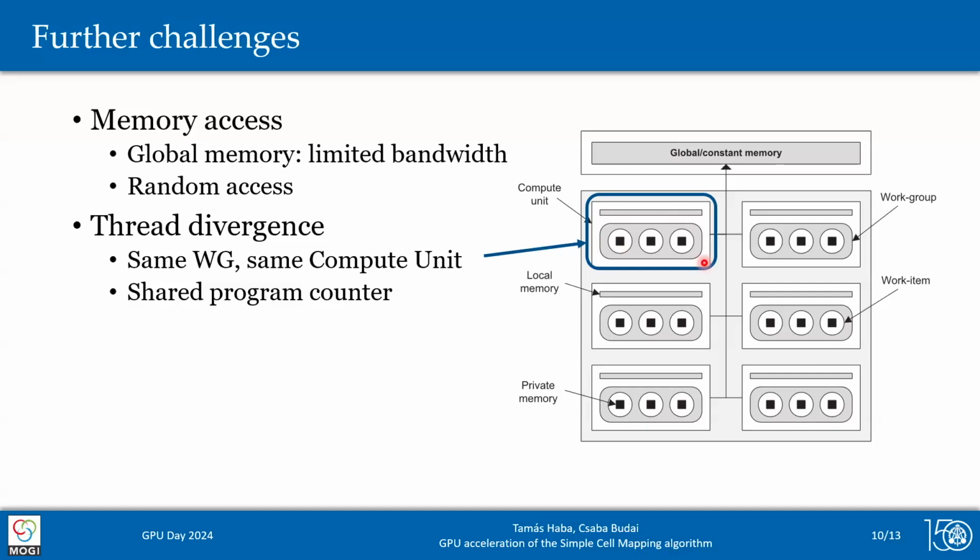In this scenario, at every given point in time, all work items execute the same instruction, and when there are branches and the different work items try to execute different branches of this if statement, they have to wait for each other to finish, and that's a huge performance penalty.